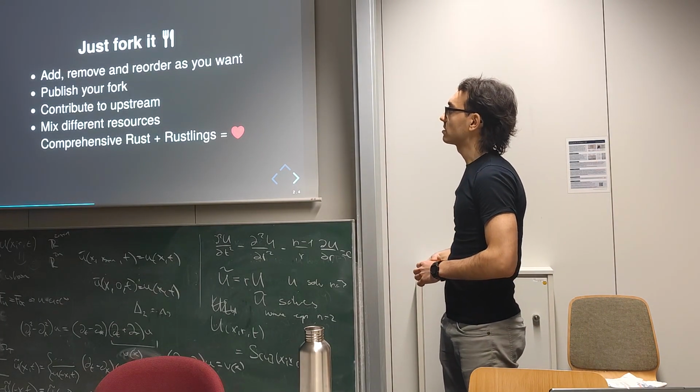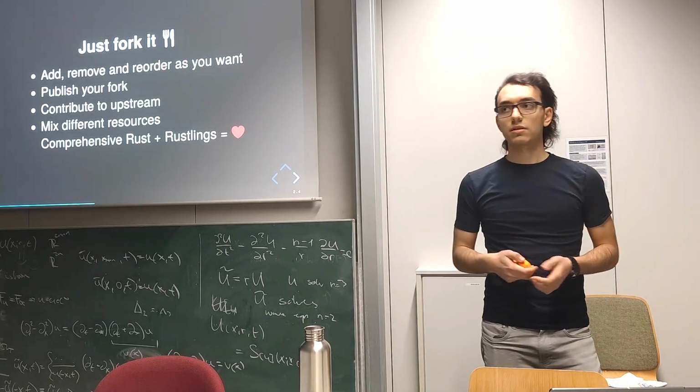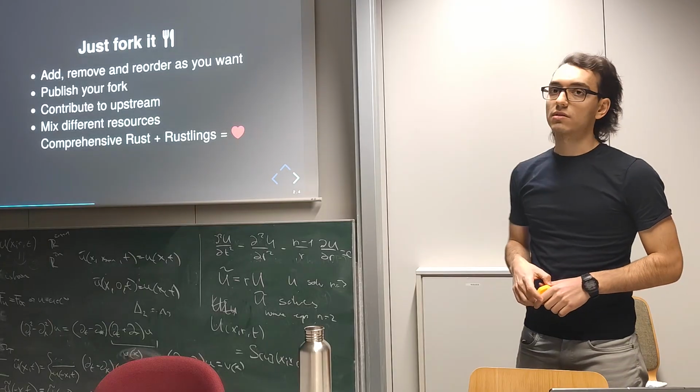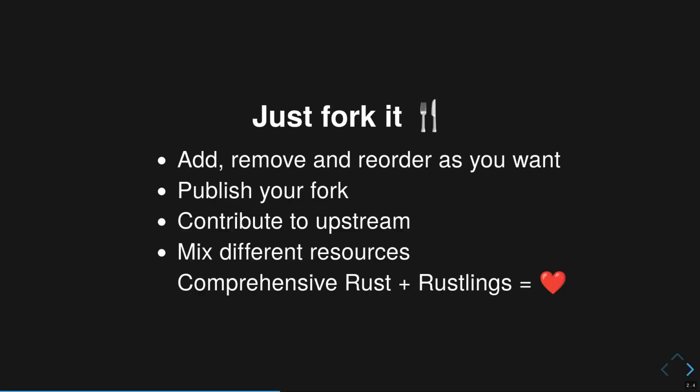But first, let's talk about what you can do with these two resources that I've used, and because they are free and open source, you can just fork them. So if you want to add, remove, or modify these resources in any way, then you can just go ahead and do so.